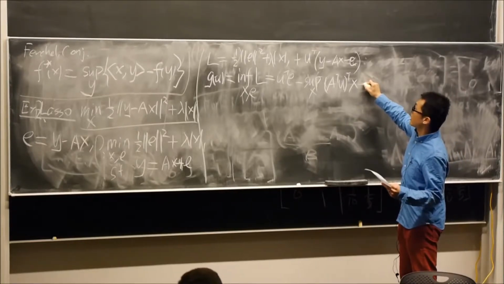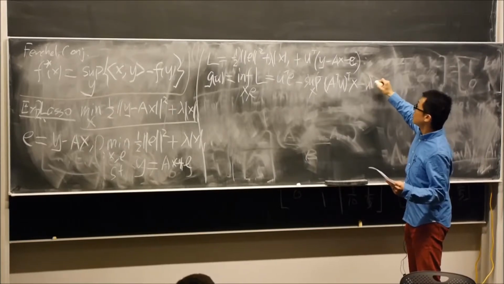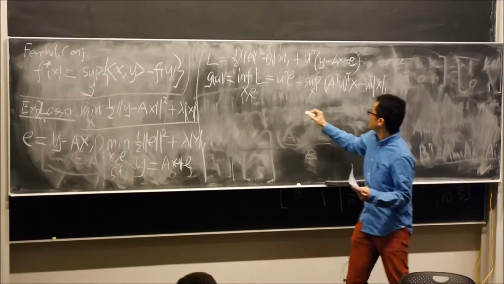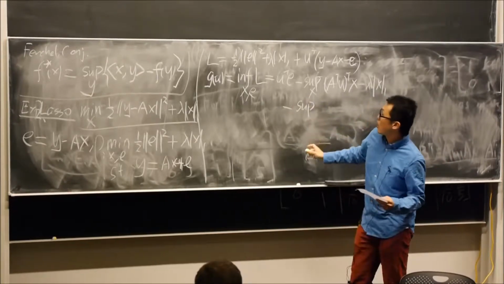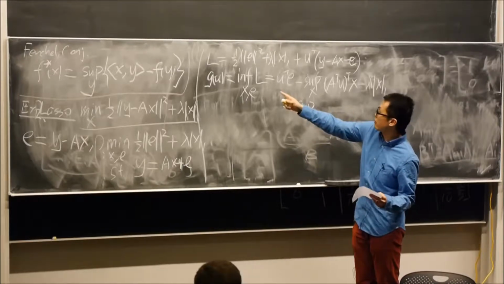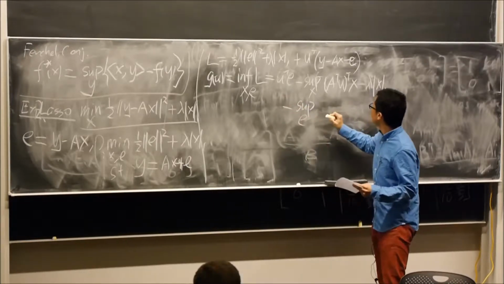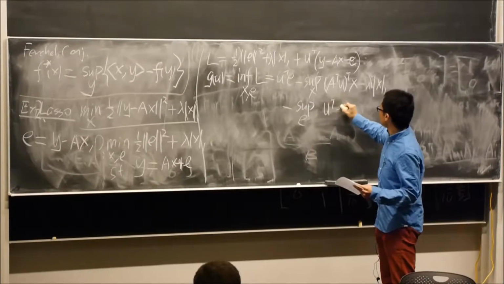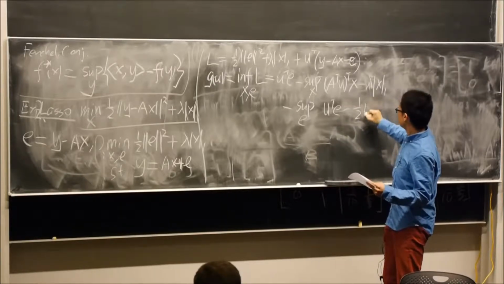And now it becomes a minus of lambda times the 1 norm of x. And again, for the other term, we will also make it the same form as the Fenchel conjugate, and this is the sup over e of u transpose e minus half.